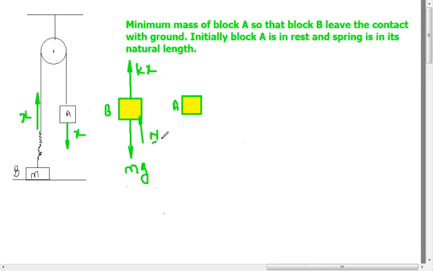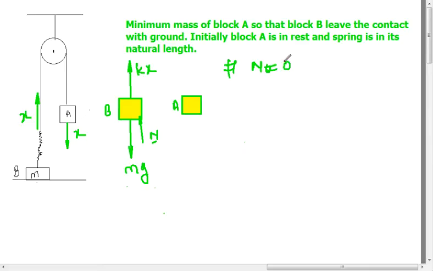Now, when I say that block B just leaves the contact, here is an important concept. The first thing that happens is N is equal to 0, because there is no contact.